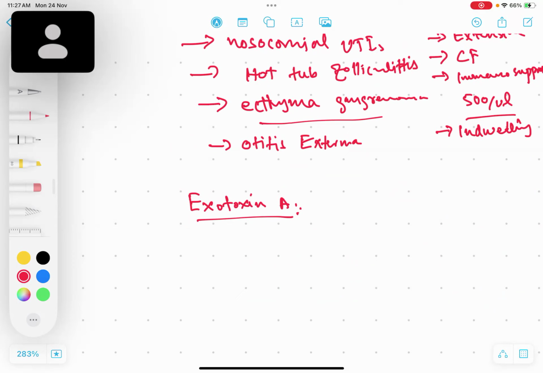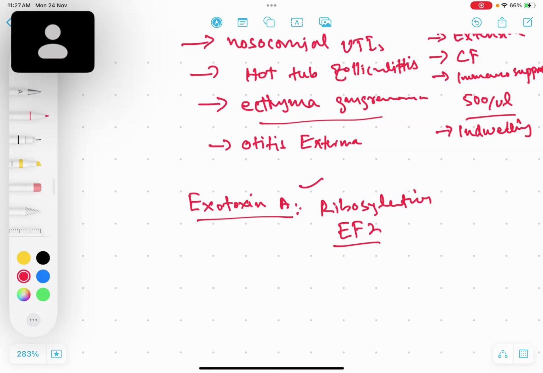It causes ribosylation of elongation factor 2, halts protein synthesis and causes cell death. Okay. There are also a number of other toxins as well, but this one is actually important. It has the same mechanism of action as that of diphtheria, right?